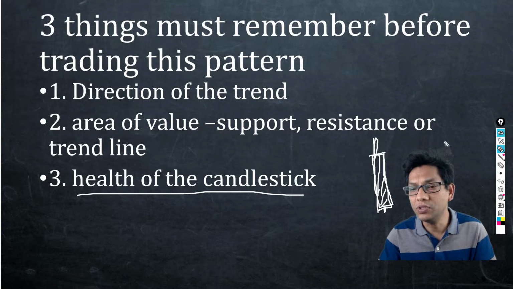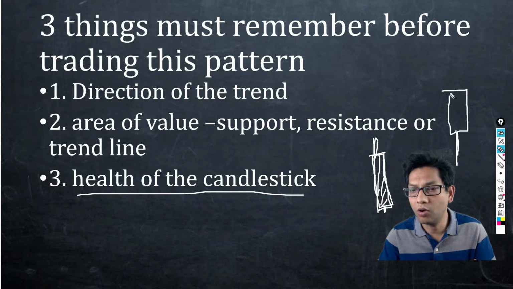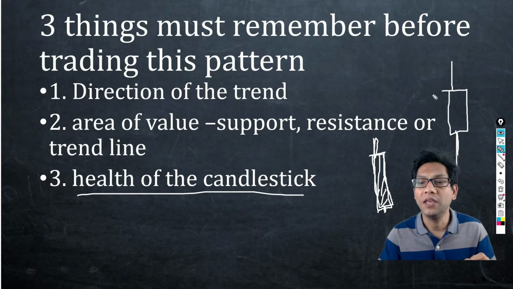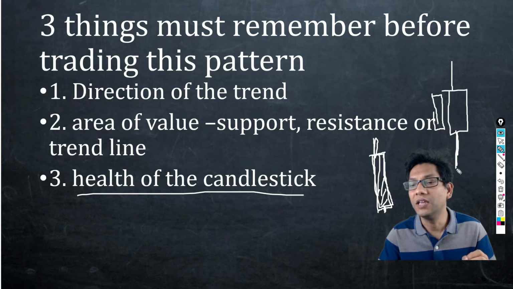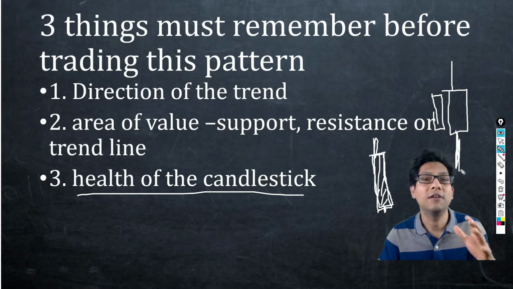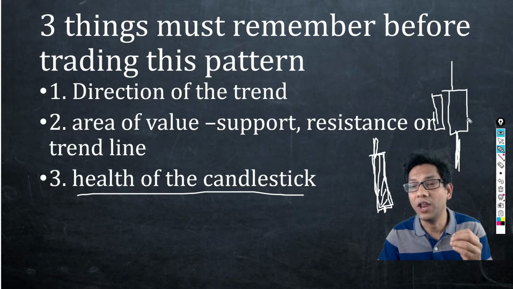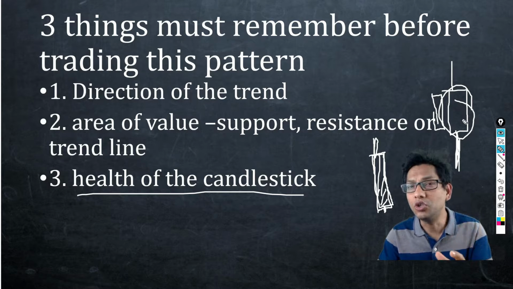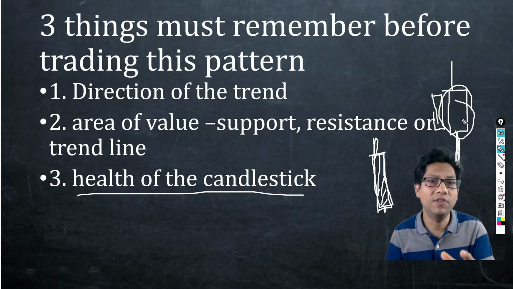On the other hand, if you see a candle with a long wick at the bottom and a comparatively smaller body, and you consider this is also a bullish engulfer, this is not a good candle, this is not a healthy candle. So you need to look at the health of the candle.